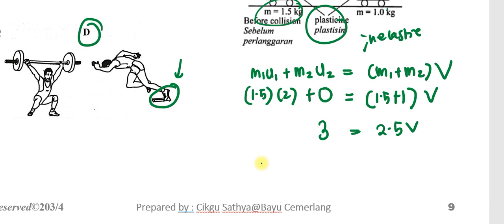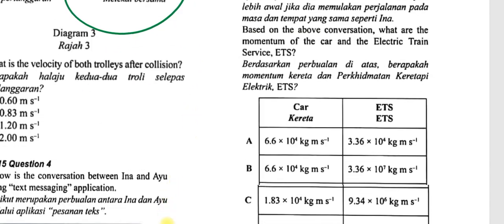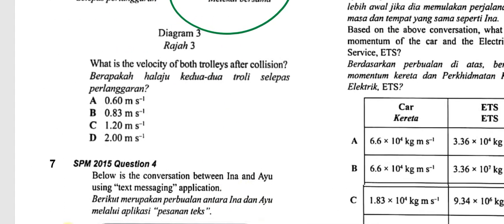So 3 divided by 2.5 equals v. What is your v? Okay, let's calculate. It is 1.2 m s^-1. So the answer is C.